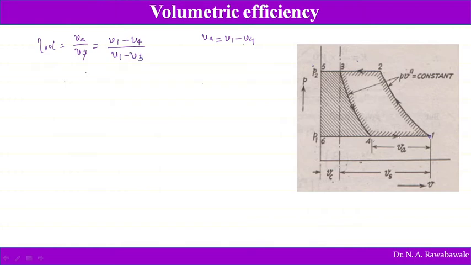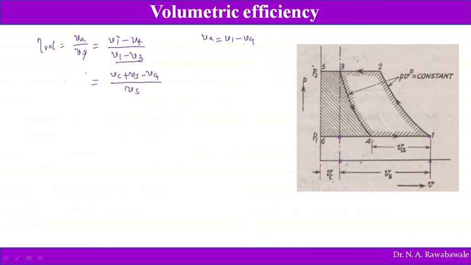V1 minus V3 gives us Vs, the swept volume. Now writing this again as V1 minus V4 divided by Vs. So in the denominator V1 minus V3 is Vs.